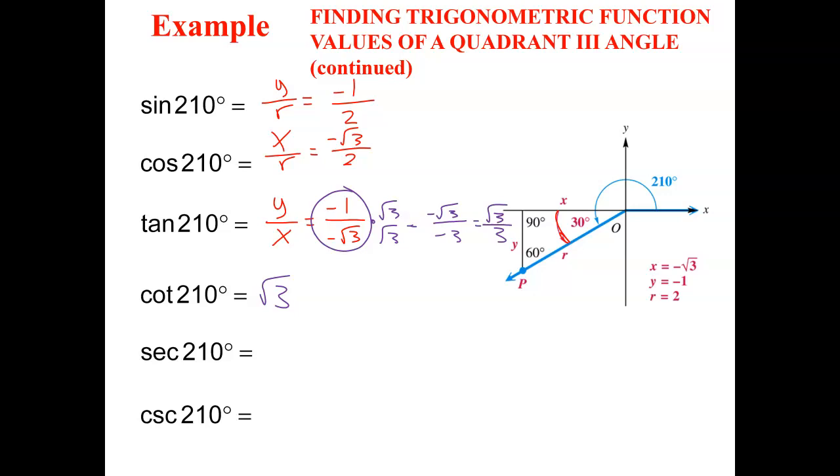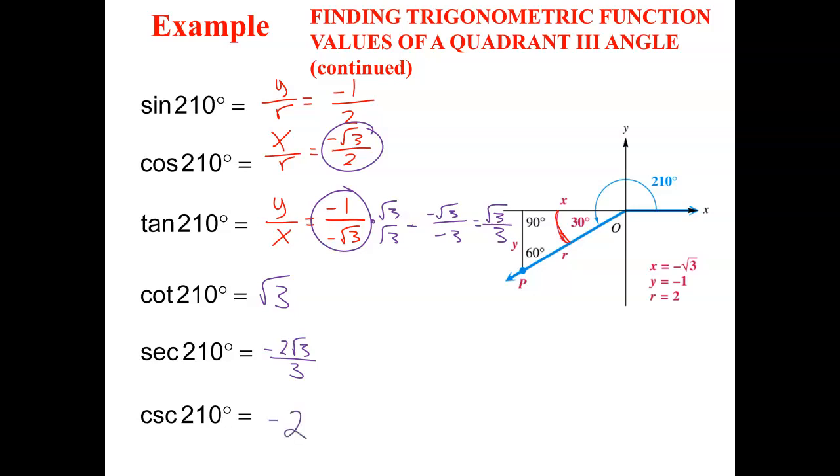Secant is the reciprocal of which one? Cosine. So what's secant going to be? -2√3 over 3. We took -√3 over 2, wrote the reciprocal, and then we had to rationalize it again. Cosecant. -2.